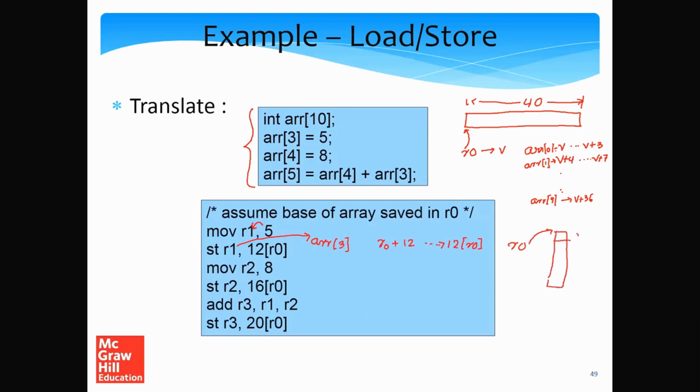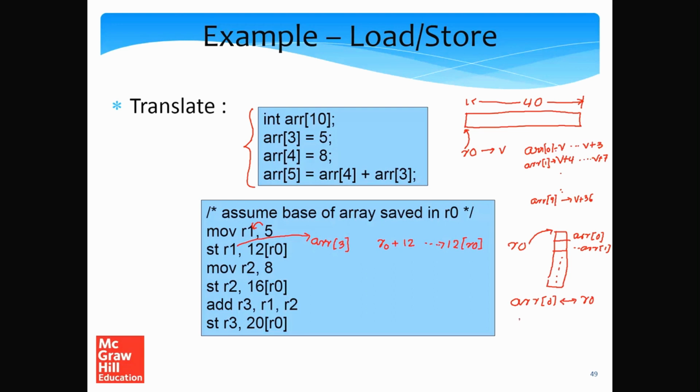The first 4 bytes are array[0], the next 4 bytes are array[1], and so on. So what is the starting address of array[0]? It is R0.